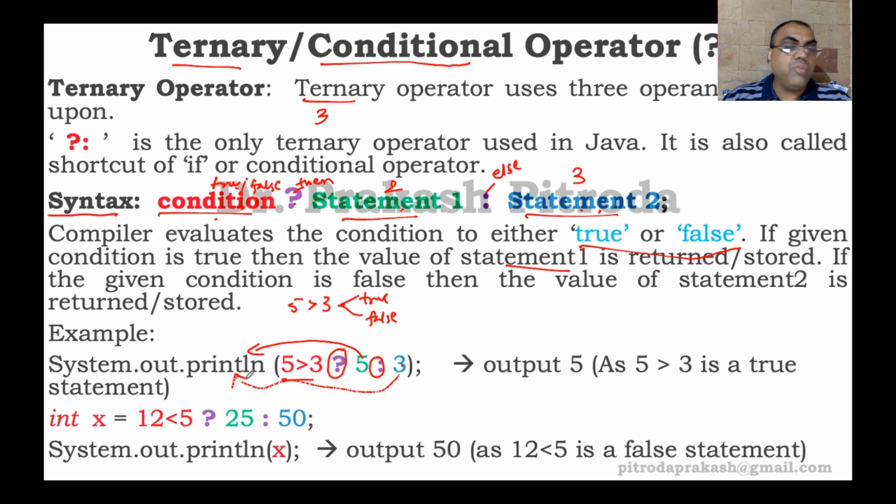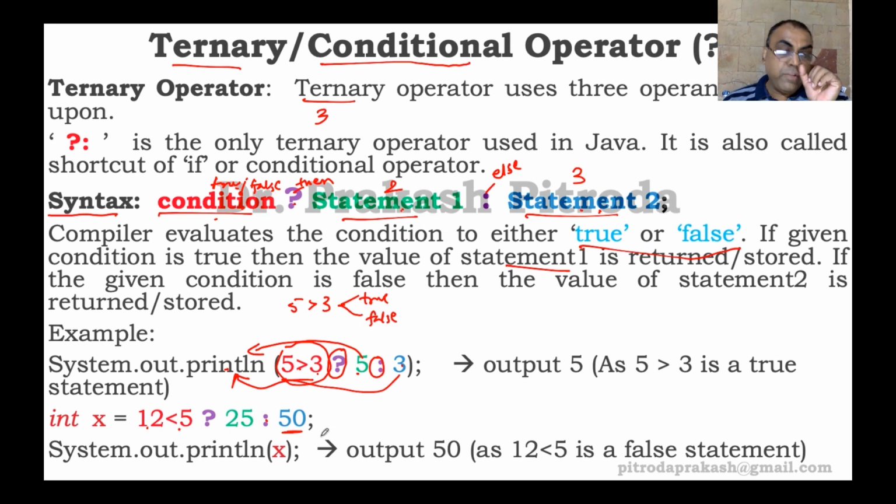One of them will go, both will not, based on the truth of this condition. Since 5 greater than 3 is true, 5 will be printed on the screen. Similarly, if I say 12 less than 5, it's a false statement, so the computer will go to the else part and pick up 50 to print on the screen.